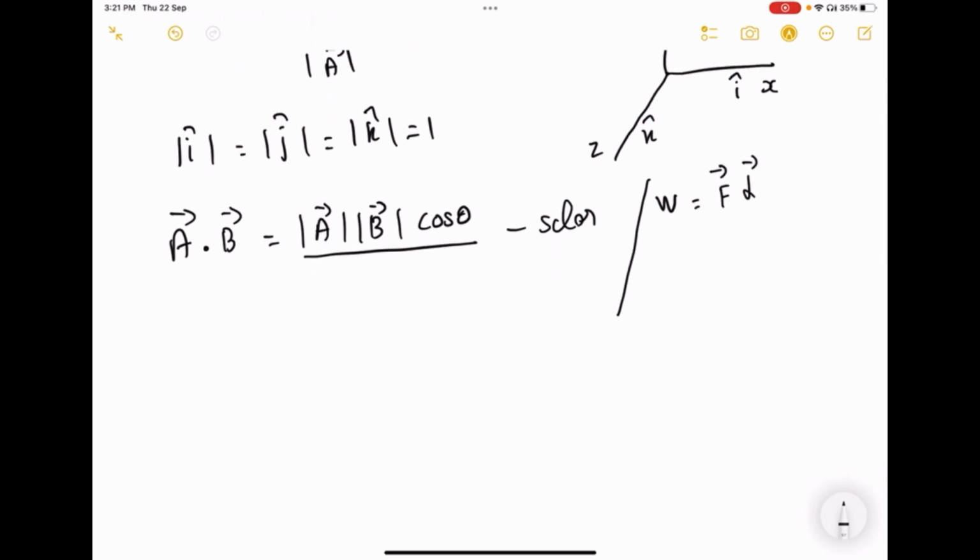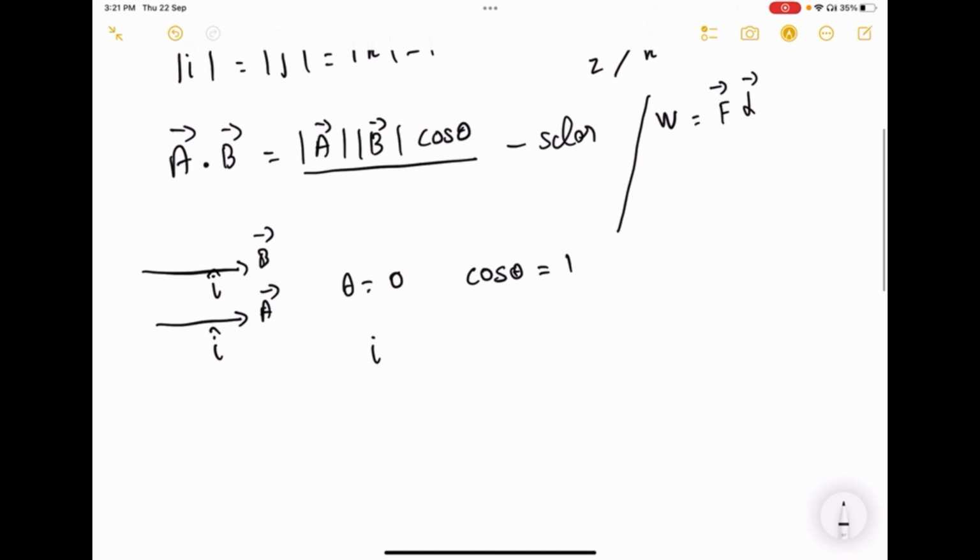So I'm going to consider two vectors, A vector and B vector, in the same direction. This is I cap and this is also an I cap. So the angle between them is going to be 0. Then my cos theta equals 1.